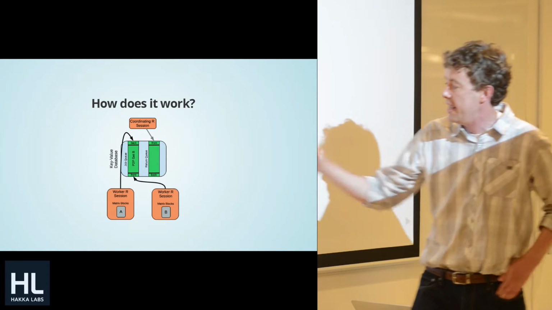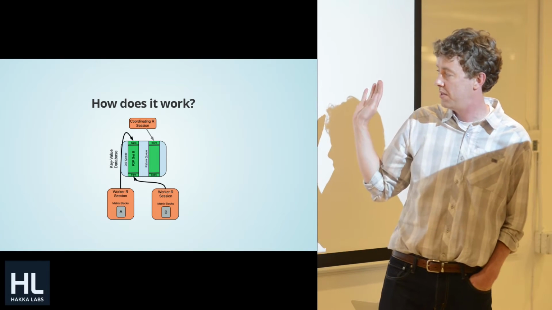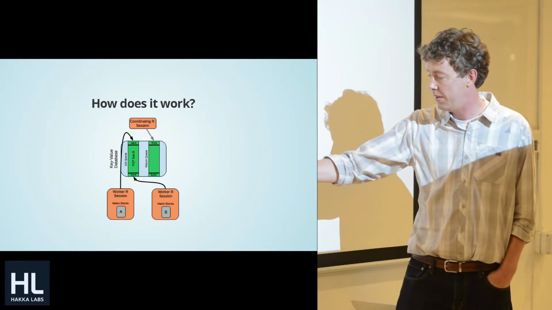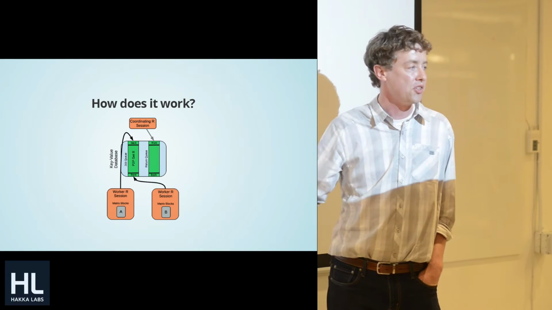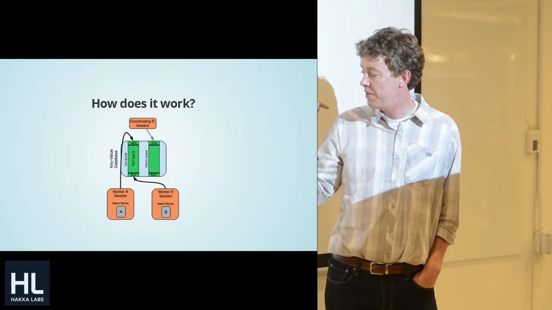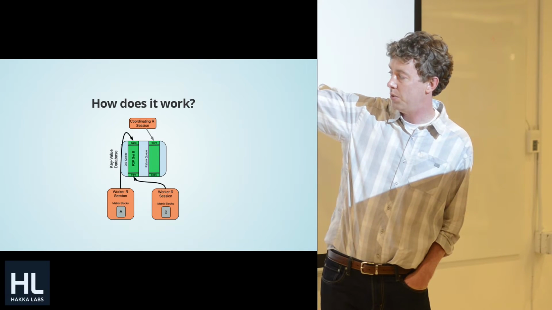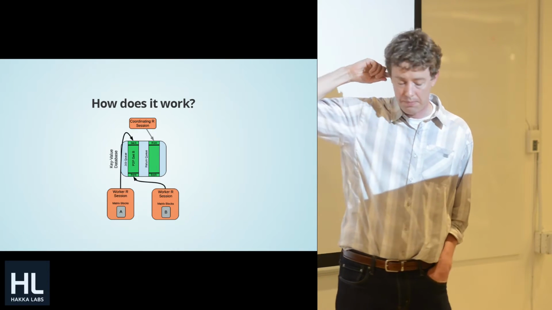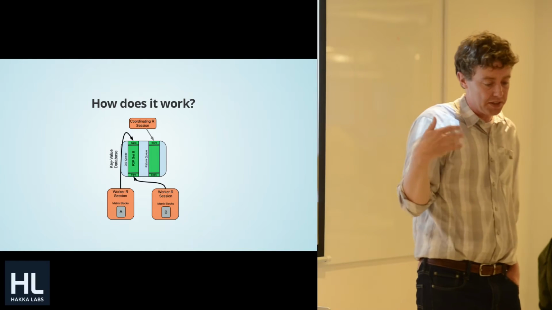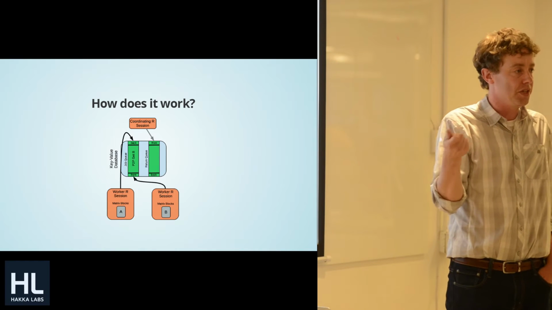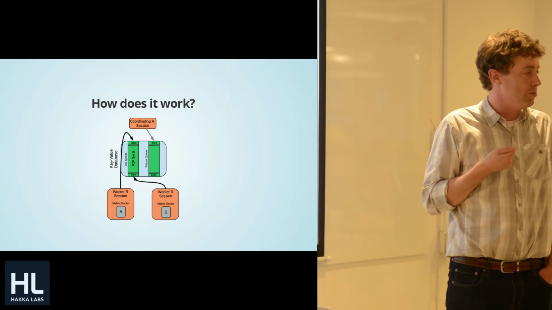So A gets the job, realizes it doesn't have B, and we're still in the regime where the workers don't actually know about each other. So rather than trying to figure out where the worker is, it puts a job back into Redis that says, send a job to B, and the job is essentially send me your B matrix.